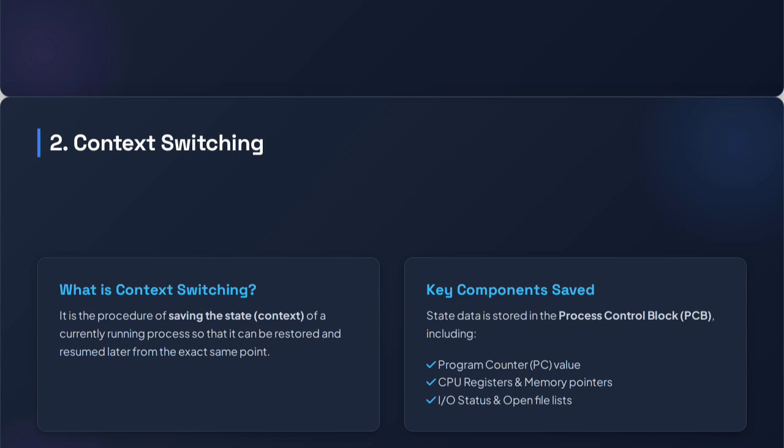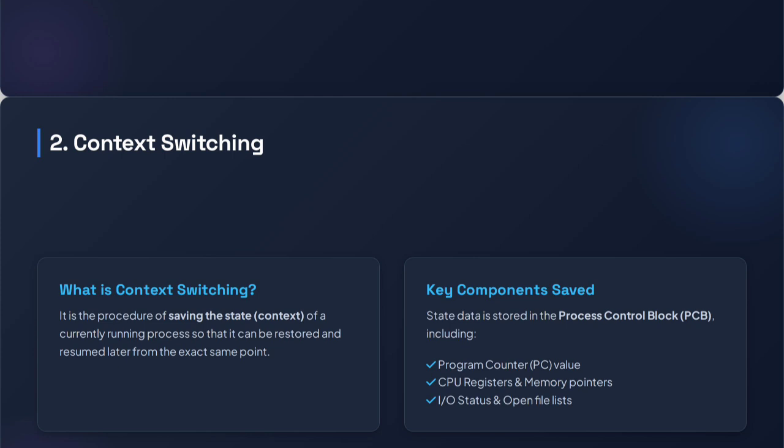First, the CPU saves the current process's execution context, such as the program counter, registers, and memory details, into a process control block, the PCB. Second, the CPU then loads the saved PCB of the next process.